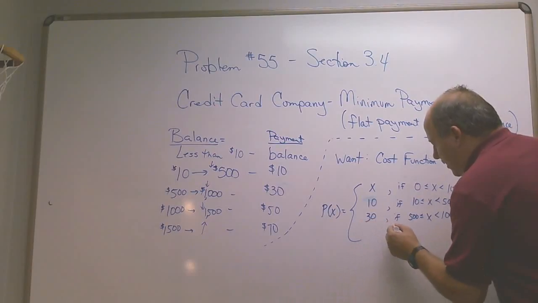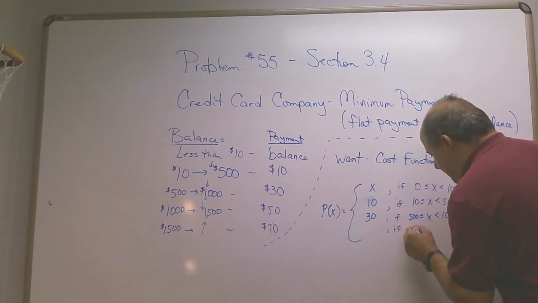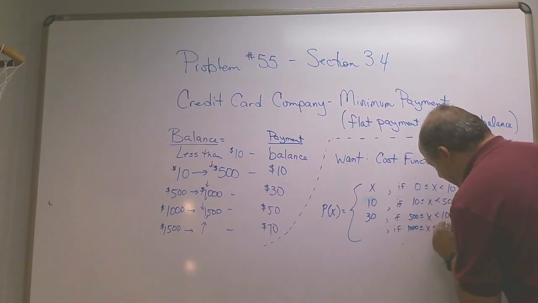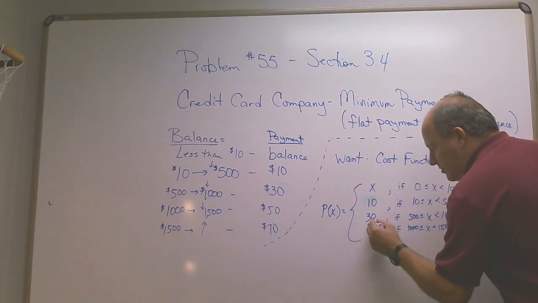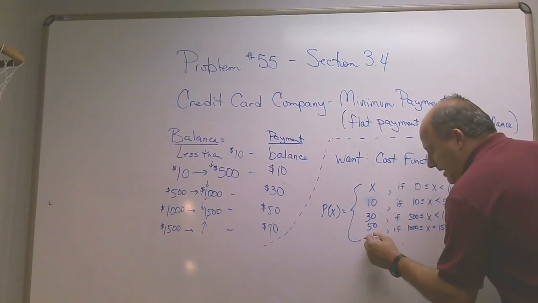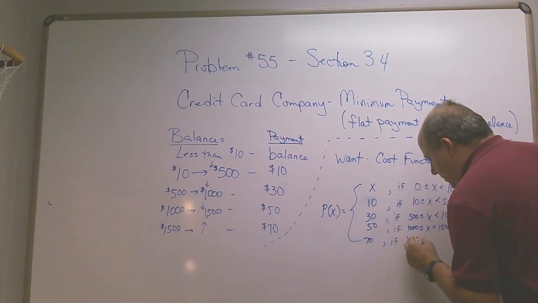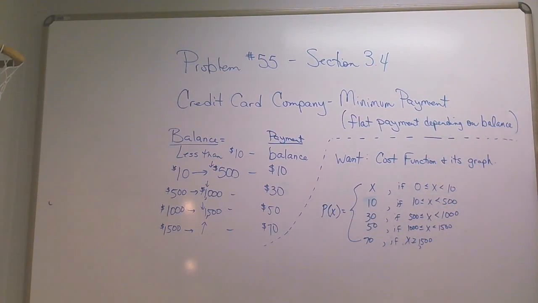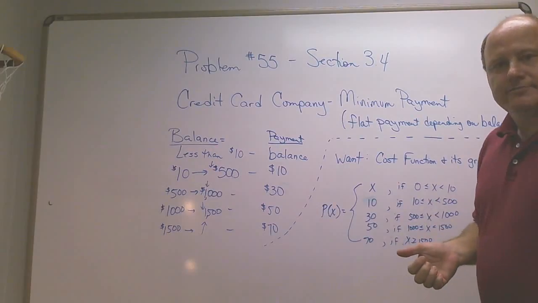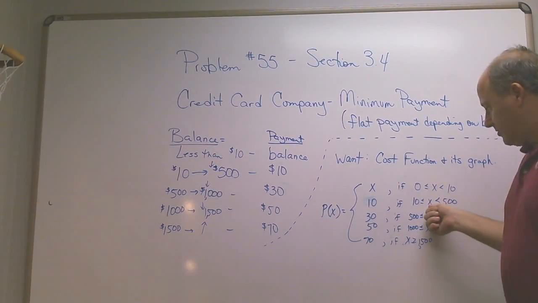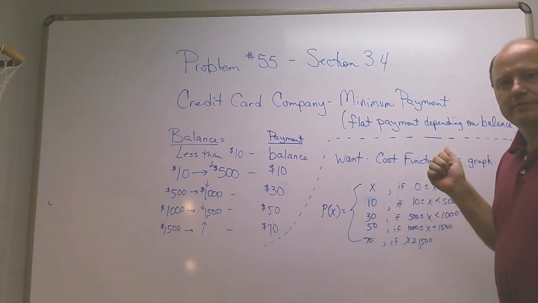If X is between 1,000 and 1,500, but not including 1,500, your payment is $50. And one more, it's going to be $70 if X is greater than or equal to $1,500. Now remember, X is the balance. So if your balance is $250, you're going to pay $10 for that month.